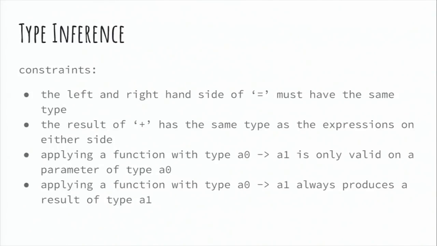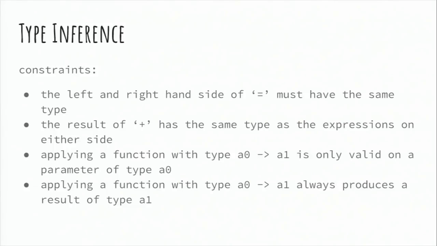So these constraints could be things like left and right hand side of equals must have the same type. So if those are two type variables, it will unify those, which just means make them the same name, or complain if it can't, or do something other smart thing.